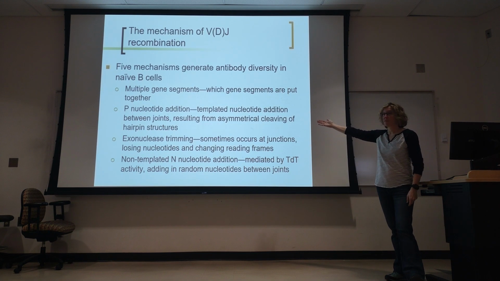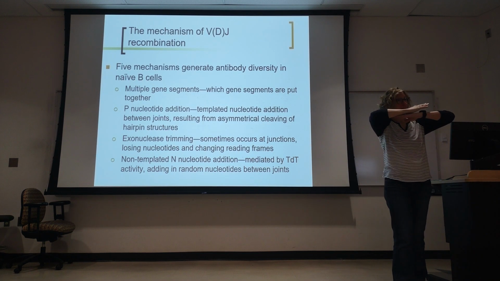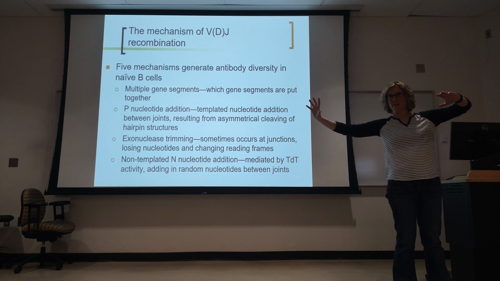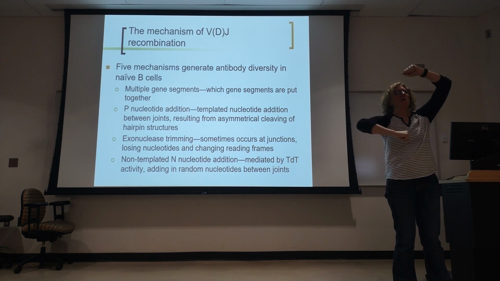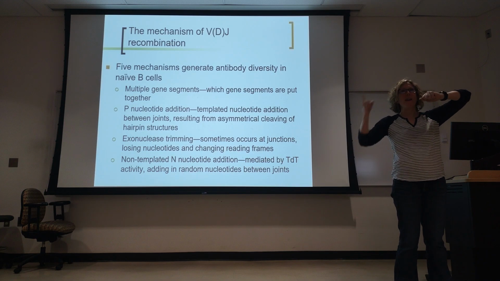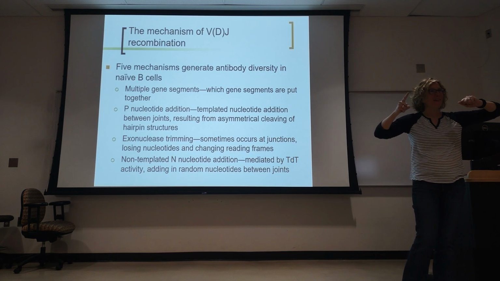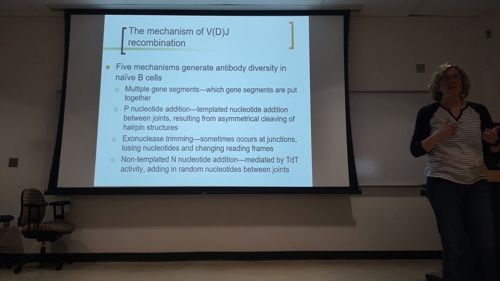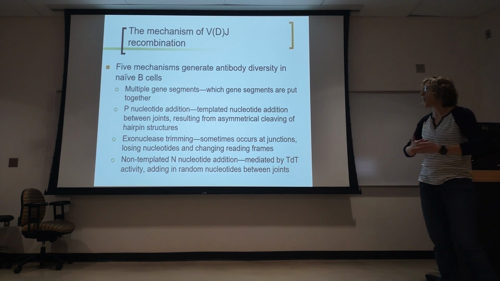P-nucleotide addition will add the joints together. It will find little overlap pieces. Oh, hey, this guy's got a C and this guy's got a G, so we're going to pair C and G, and then we'll fill in whatever is left over. So that's P-nucleotide addition. That creates some randomness in how the joints are made.